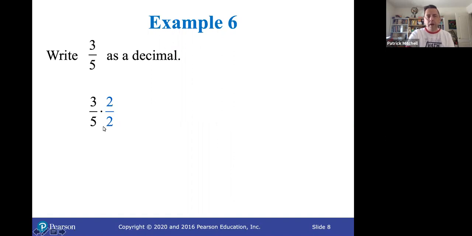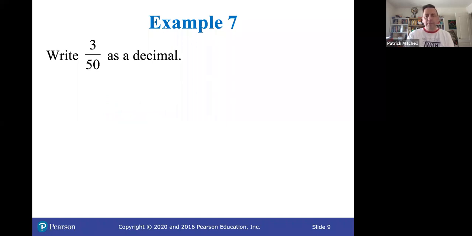So instead of 3/5, it says 6/10. And I believe we talked in a previous section about fractions that are over powers of 10. It's very easy to write those as decimals. 6/10 is just 0.6. Okay. But again, you could also do it using long division.